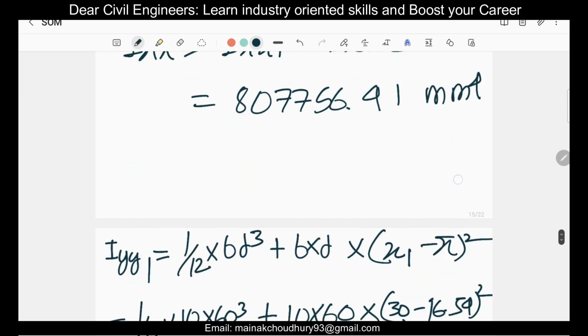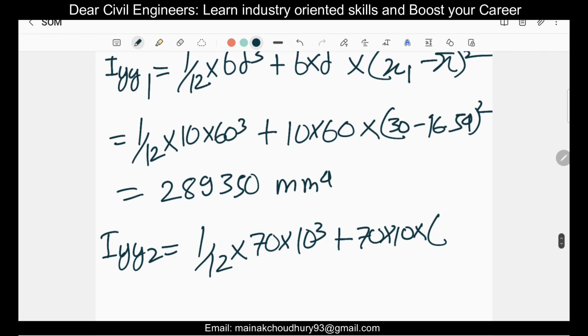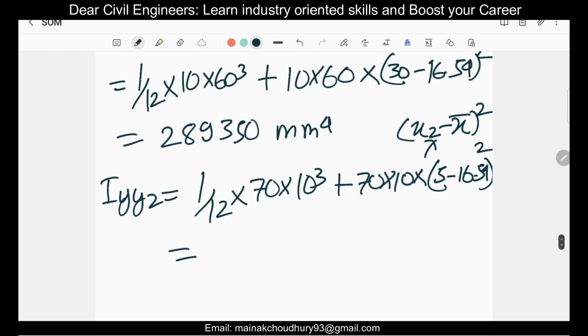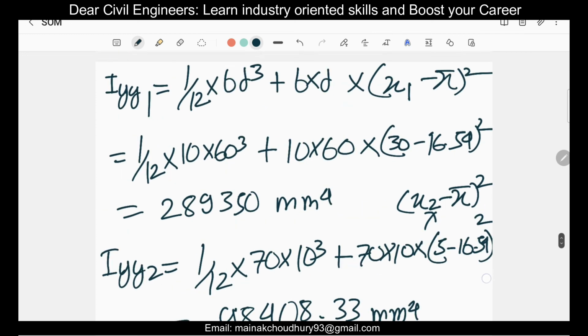So it is 5 minus 16.54 whole square, right? I'll just write it here because it is x2 minus x bar, whole square. If you just calculate it, it will be 98,408.33 mm to the power 4.